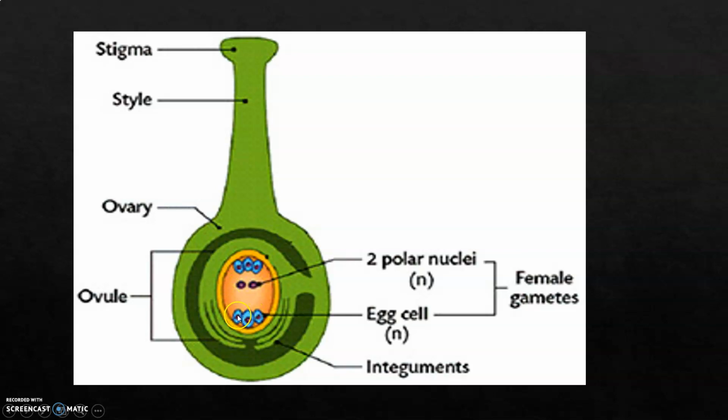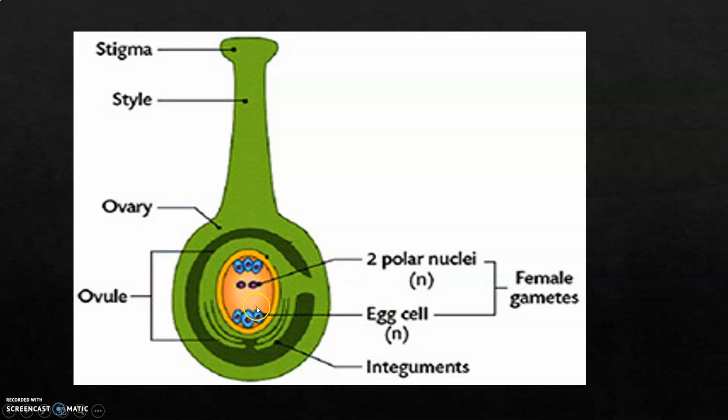Actually, there are 3 cells at the bottom, out of which the central cell is called the egg cell. The other 2 are the synergids. On the top, you will find the 3 antipodal cells, and in the center of this ovule, you will find the central cell. Each antipodal cell, synergid, and egg cell contains one nucleus each.